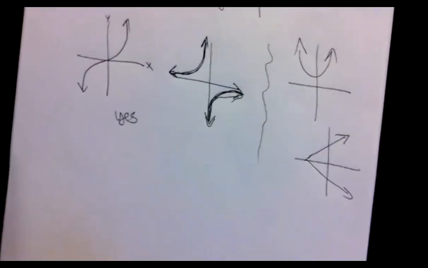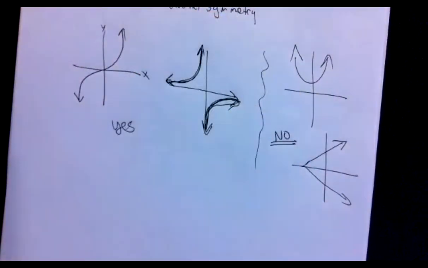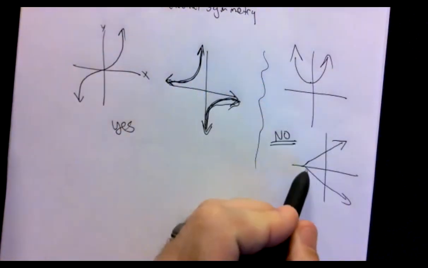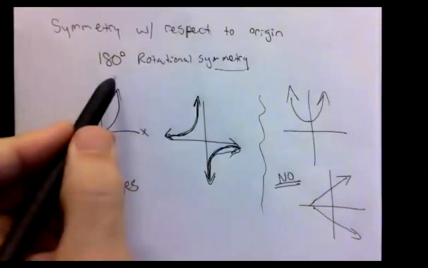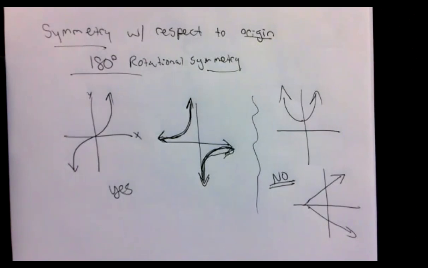So again, some people can picture this without having to flip it around, but these would be examples of not having symmetry with respect to the origin. Now again, this one has symmetry with respect to y. This one has symmetry with respect to x, so make sure you're paying attention to, again, specifically what we're looking for. In this case, it's with respect to the origin.